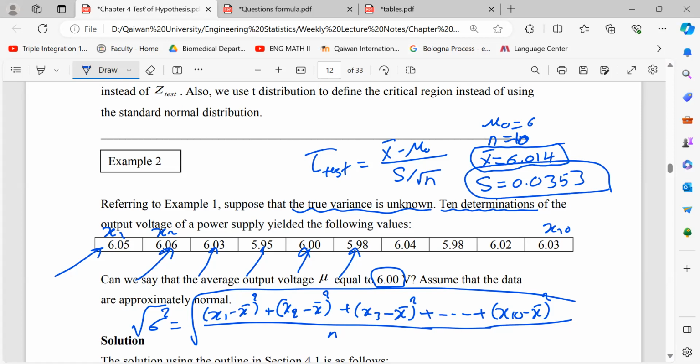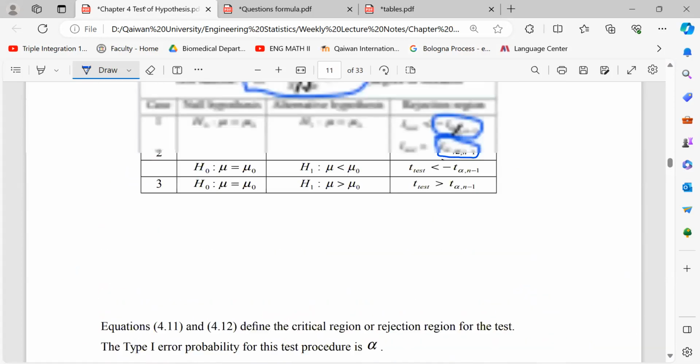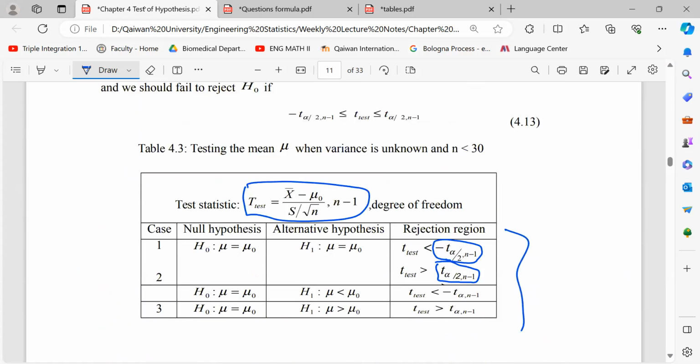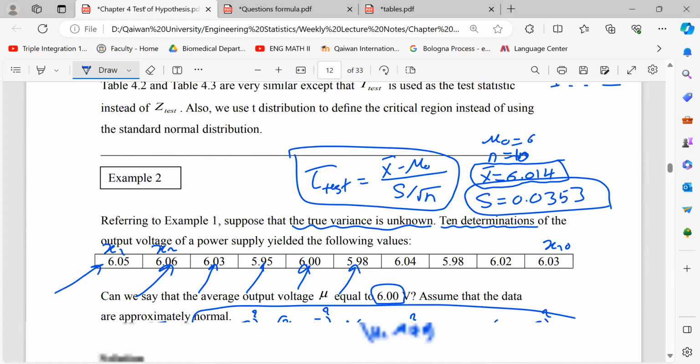We just have these four things for finding the test statistic, the t-test. At step 5, we compare step 4 and 5. If they satisfy these conditions, we reject it. If not, we don't reject it.